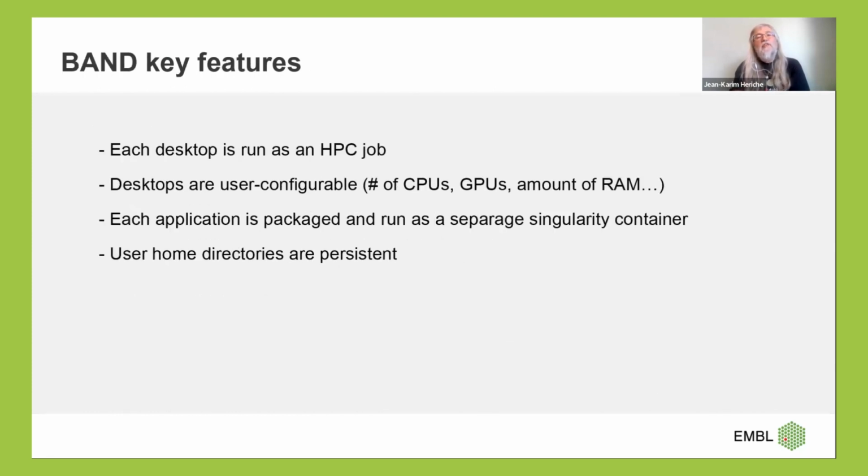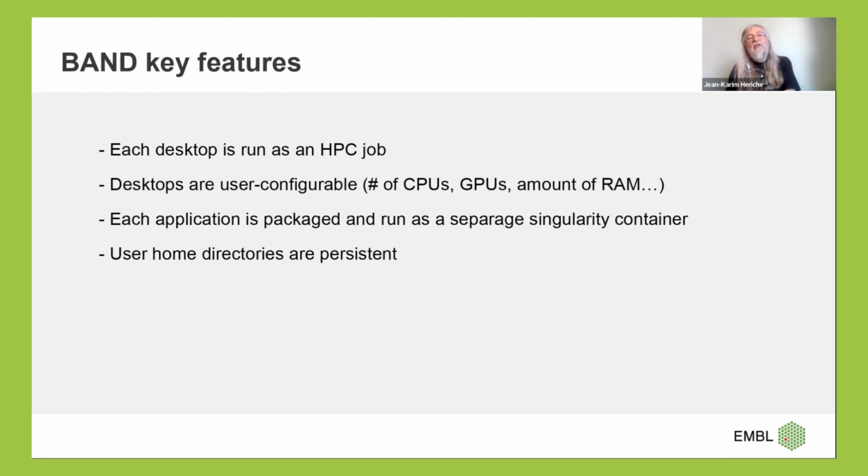The key features that our setup has: each desktop that you start is run as an HPC job. So in the background, at the back end, we have a compute cluster, and each desktop is a job in that compute cluster.